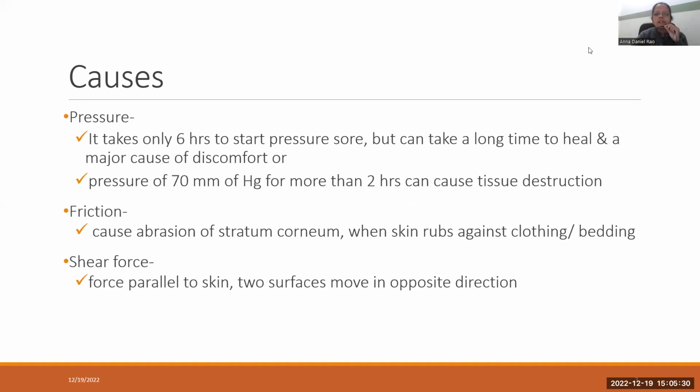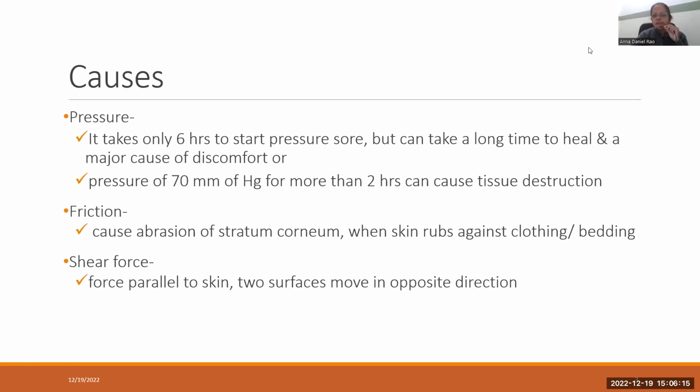It is said that it takes only 6 hours to start a pressure sore, but takes a very long time to heal, because of the very nature of our patients' condition, and it is a major cause of discomfort also. In other words, if a pressure of 70 mm of Hg is exerted over body parts for more than 2 hours, that can cause tissue destruction, and can lead to pressure sore and other complications also.